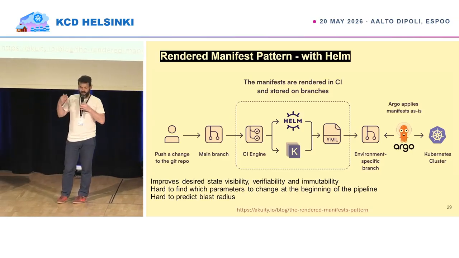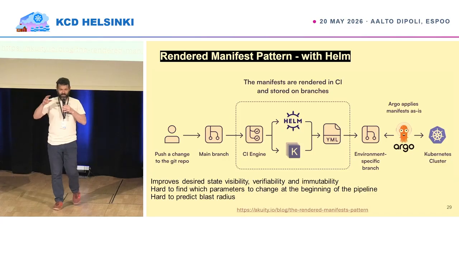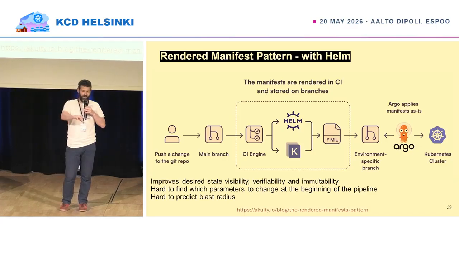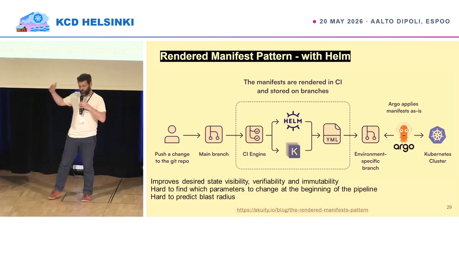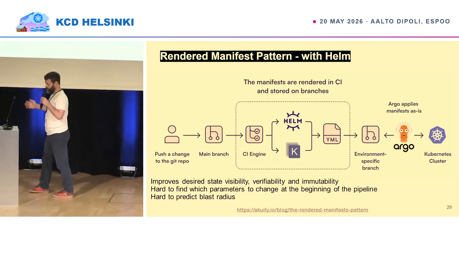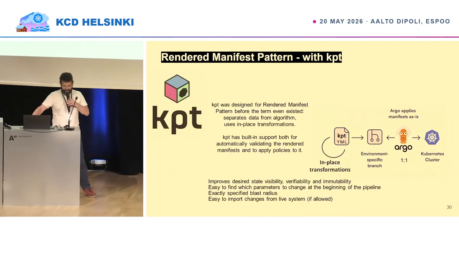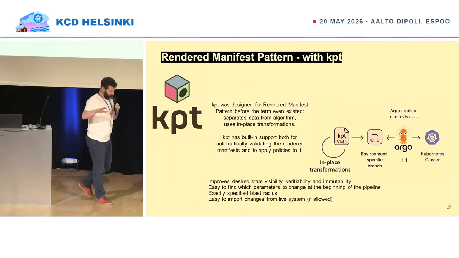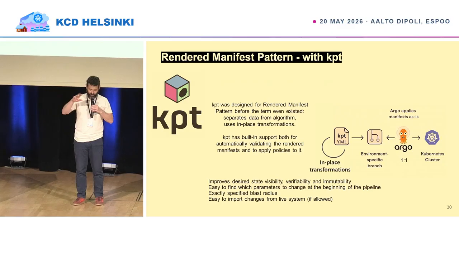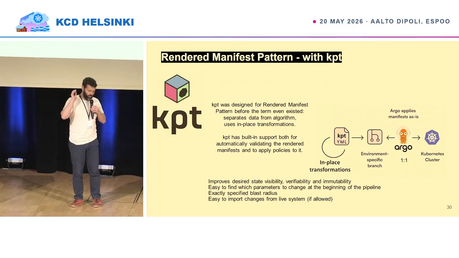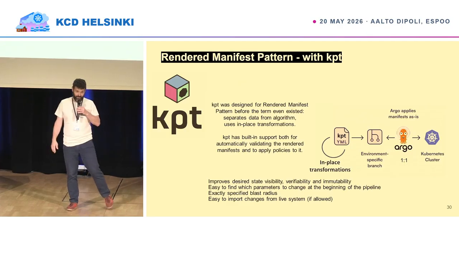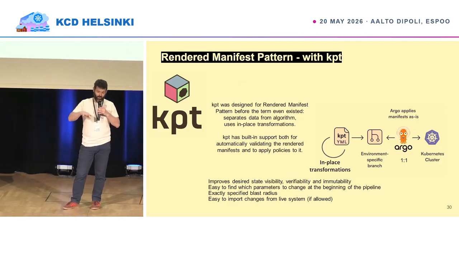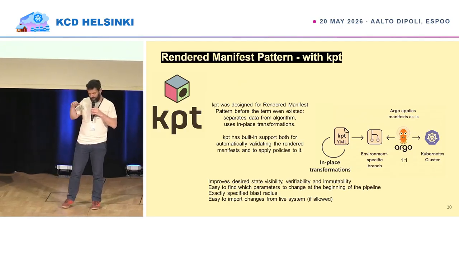The problem here with Helm or Kustomize is that there is very little connection between the input and the output, because the templating system abstracts away too much of the input and the output. How kpt helps is that it provides a very simple way to model your input in the same KRM model as your output. So there is no big difference between the input and the output.